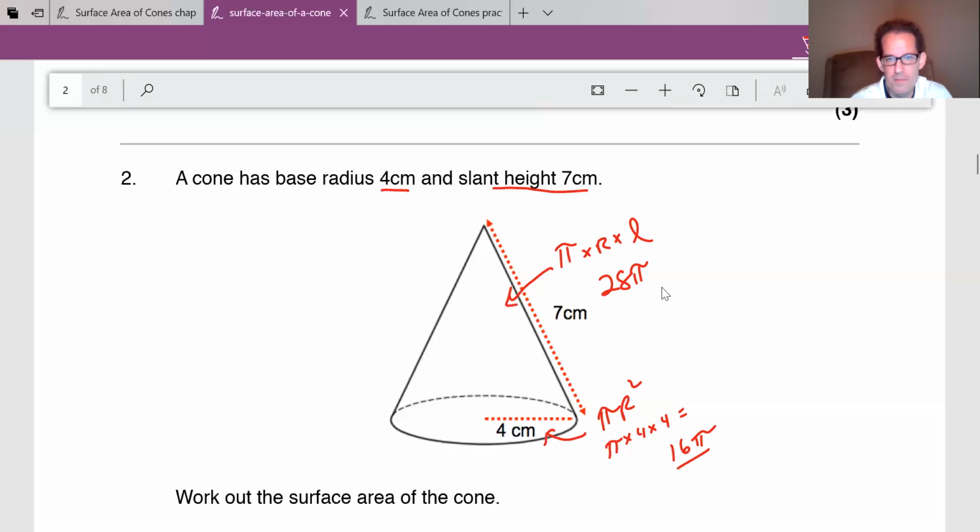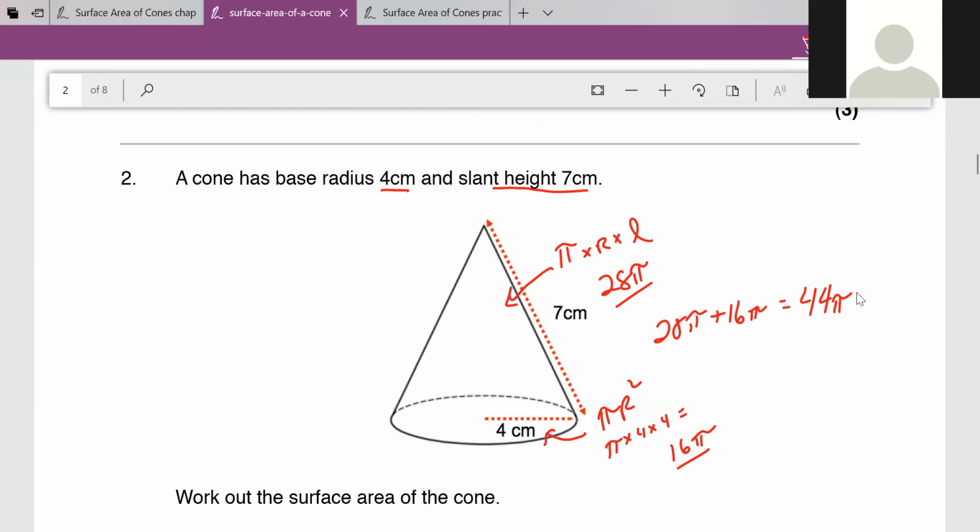Now I'm just going to simply add these two. 28 pi plus 16 pi is going to equal 44 pi. Okay, so I want to simplify that by taking 3.14 times 44 for a surface area of 138.16 square centimeters.